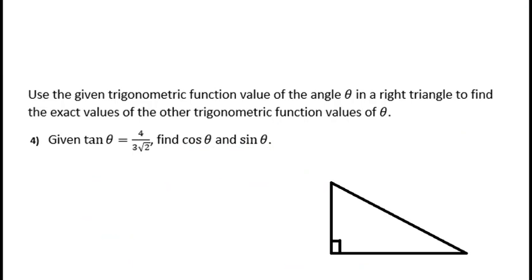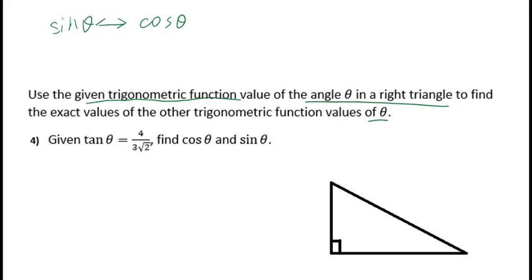Let's go to number 4. Use the given trig function value of the angle theta in a right triangle. Theta is an acute angle. Then we need to figure out the exact value of the other trig function values of theta. Remember, if you are given sine theta, how to get cosine theta?